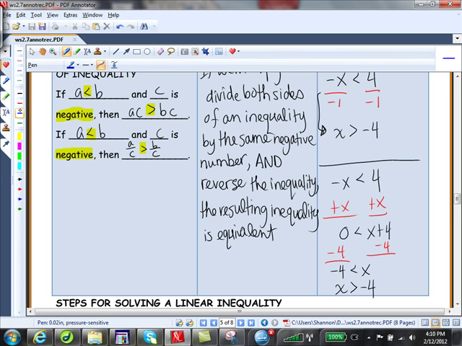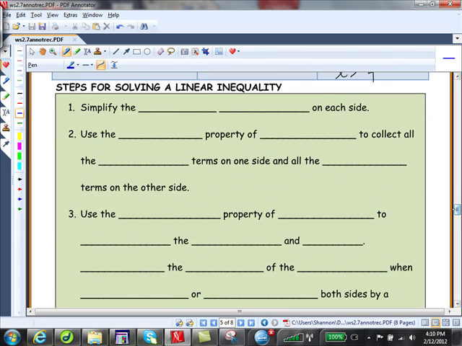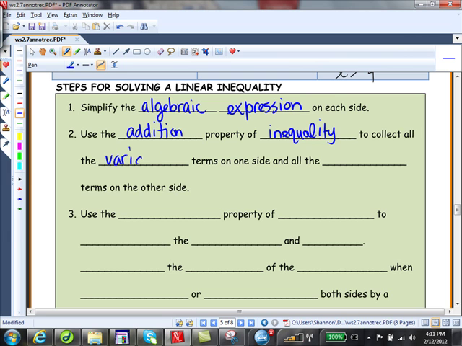Okay, so here are some steps for solving a linear inequality. Simplify the algebraic expression on each side. Just like solving equations, you simplify first. Use the addition property of inequality to collect all the variable terms on one side and all the constant terms on the other.